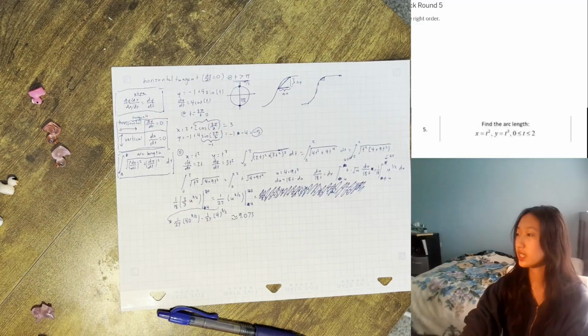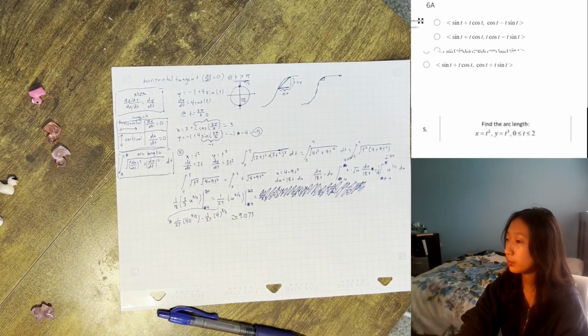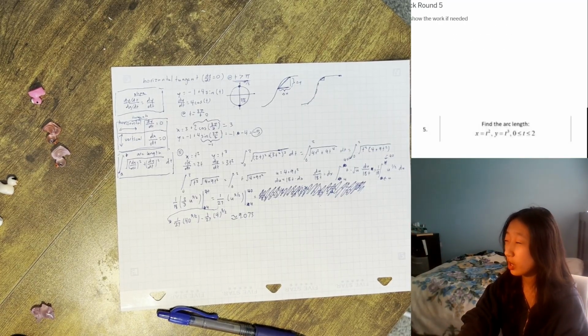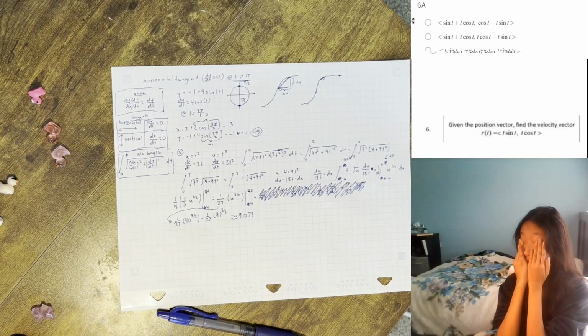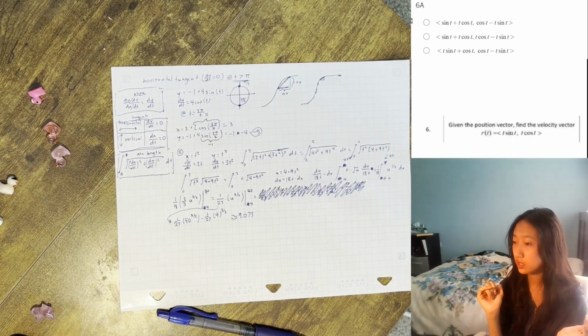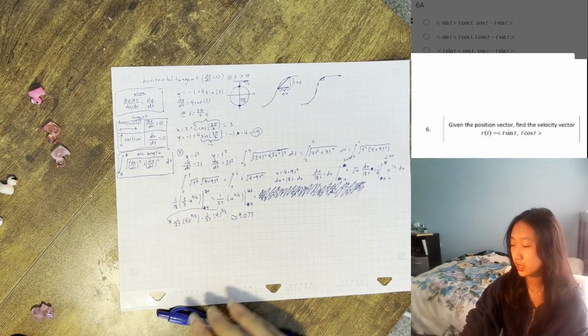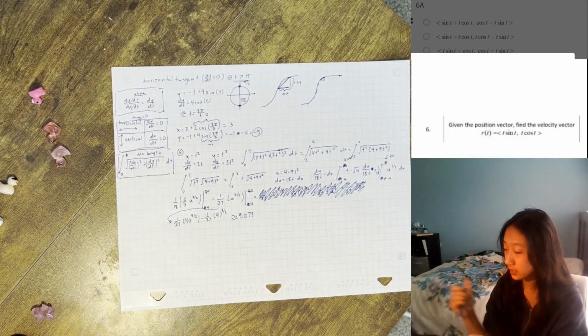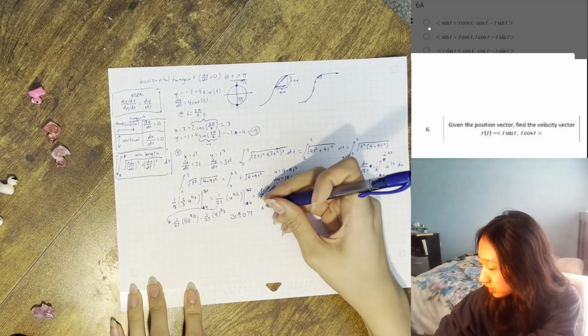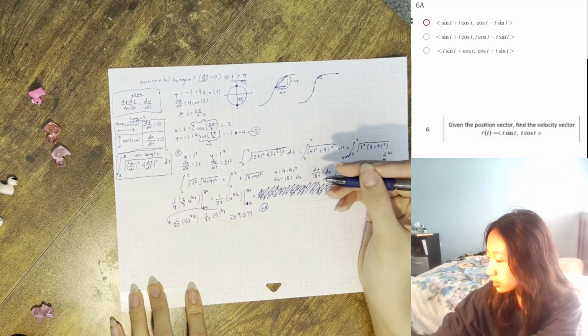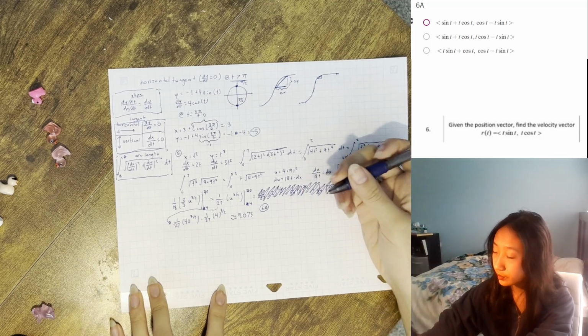It is, let's see. But all we're going to do now, we're going to find the velocity vector given the position vector. And this really is not too bad. I'm going to write 6a here because we're moving on. Not too bad, right?